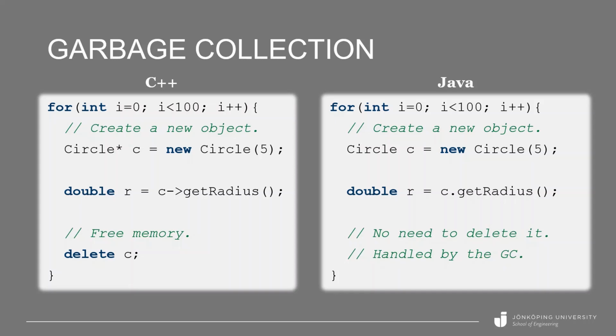Every now and then, for example once each second, the garbage collector, which is a program in the Java virtual machine, will run, look through our program and try to find objects that no longer have any references to them and therefore can't be used anymore. When it finds one of these objects, it will free the memory for it. So in Java, we use the new keyword like this, but we never use the delete keyword like this.